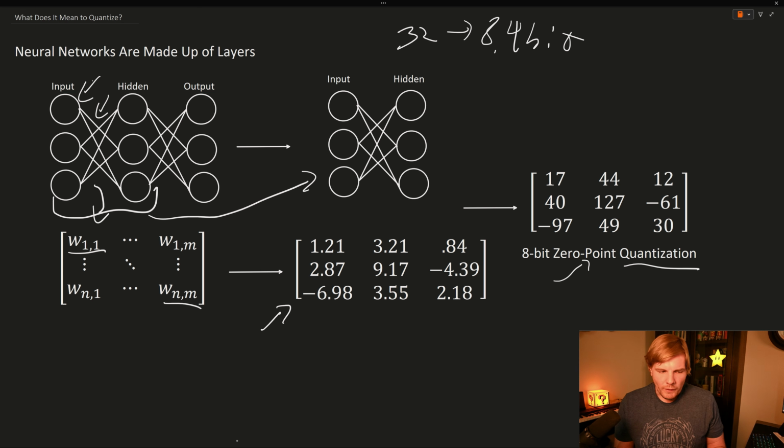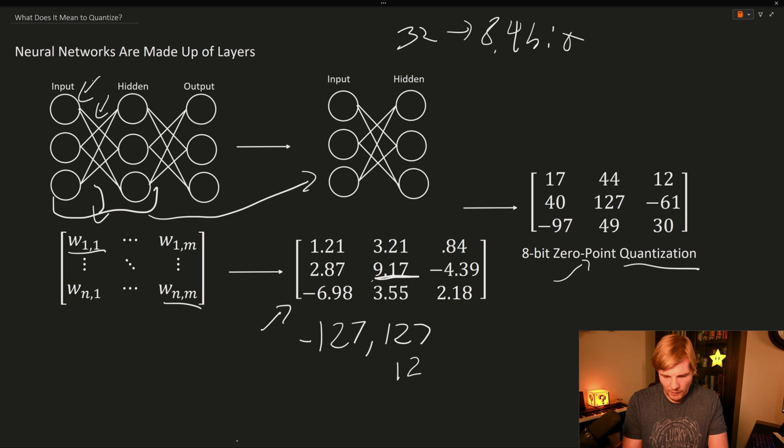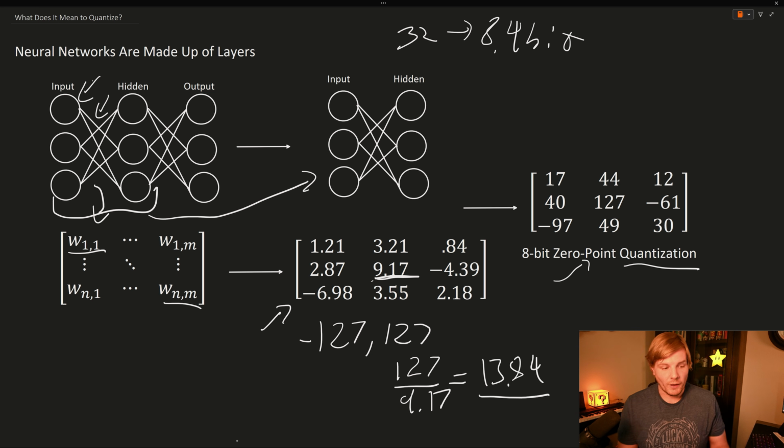So how we do this with 8-bit is we would like to constrain the weights in this matrix between -127 and +127. We first find the highest value in our weight matrix, which in this case is 9.17. We take this 9.17 and divide 127 by it, and we end up with about 13.84, and we call this our scaling factor.